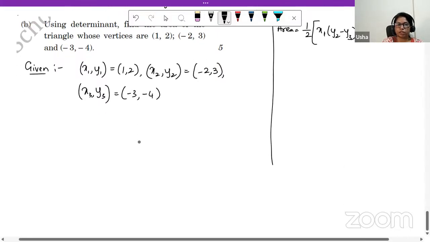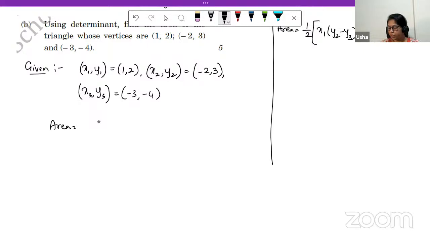Now, area of a triangle formed by this is given by area is equal to half into that determinant. Write these points. First point you write in the first line, 1, 2. Second point write in the second line, -2 and 3. Third point is -3, -4. These are the given 3 points.